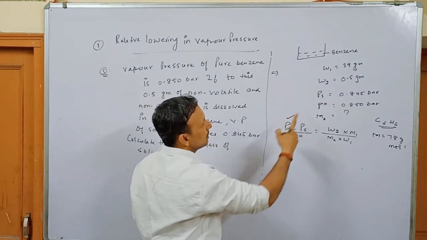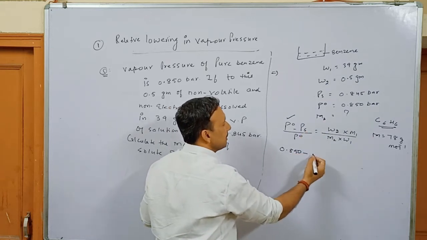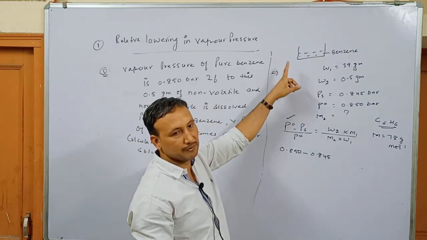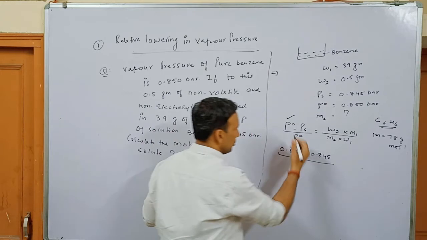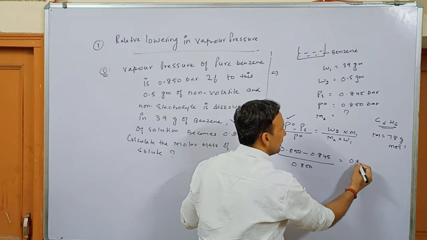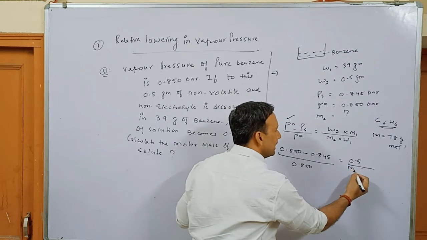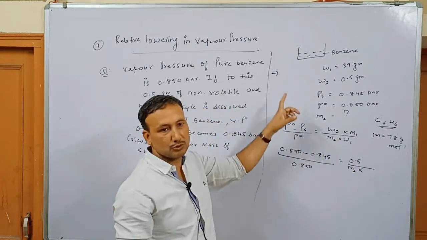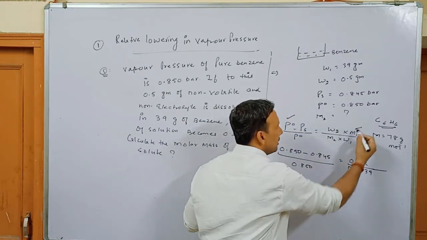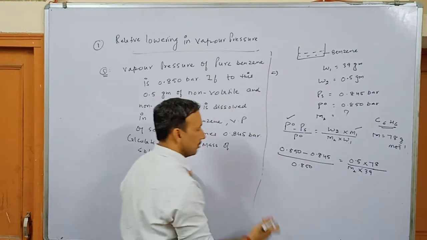And what is the value of P0? P0 is the vapor pressure of pure solvent and Ps is the vapor pressure of solution which is formed by dissolving the 0.5 gram of non-volatile solute, and P0 is 0.850 bar. That is equal to W2, which is 0.5 gram, and the molar mass of this solute is to be calculated, and W1 is the mass of solvent which is 39 gram, into the molar mass of benzene, 78 gram per mole. So we have to calculate M2.